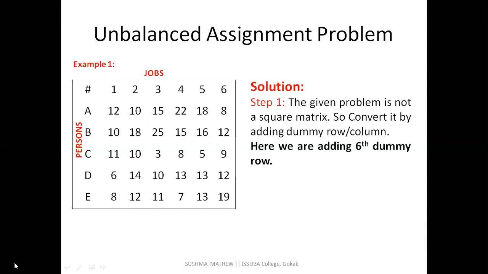In transportation problems also we have dealt with unbalanced problems. Likewise, in assignment problems also, we have to add the required row or column as a dummy that has 0 as a value.